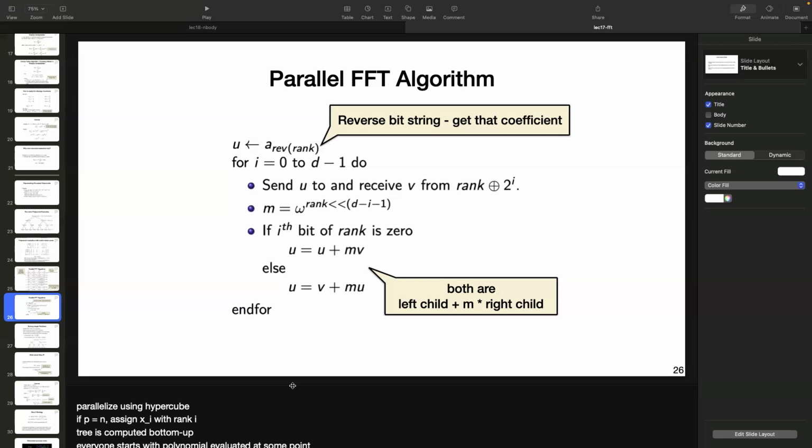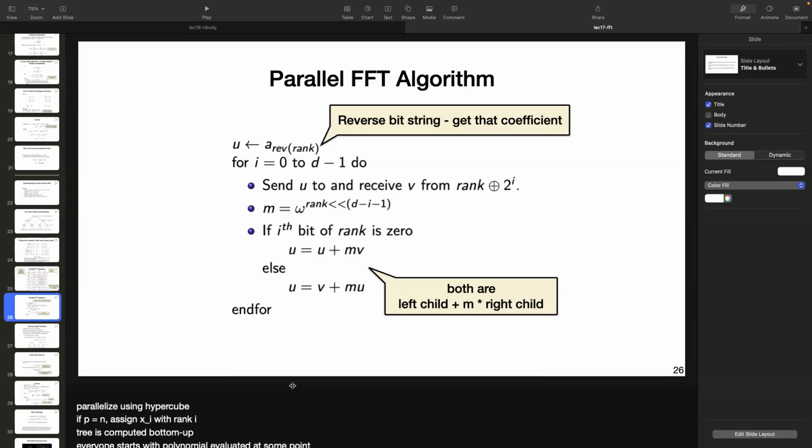If the ith bit of your rank is 0, then you're the left child. So you're just adding to yourself. Otherwise, you're adding what came from the right child.